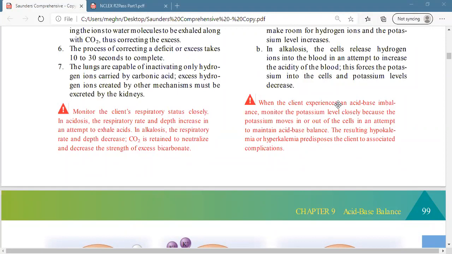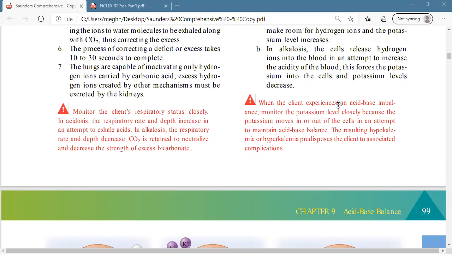A patient came to you with a huge blood loss, means imbalance of the fluid, and the patient has a chance to develop acid-base imbalance. So as a healthcare provider, when you see your patient has a chance of acid-base imbalance, you have to check electrolytes. Out of all electrolytes, the most important is potassium.